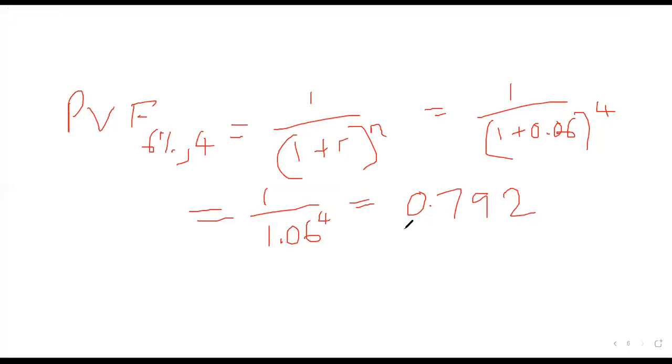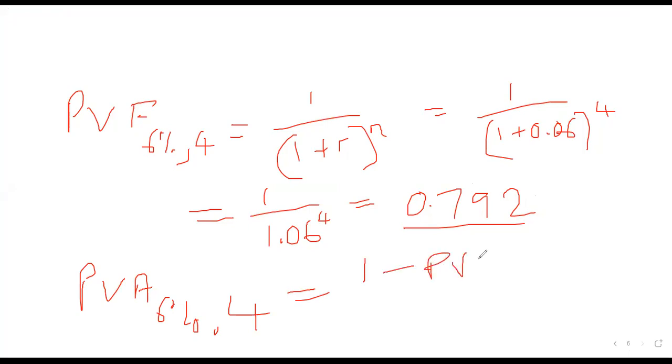So 0.792. To find the present value annuity factor, 6%, 4, we have 1 minus the present value factor over the interest rate. 1 minus 0.792 divided by the interest rate, which is 0.06.